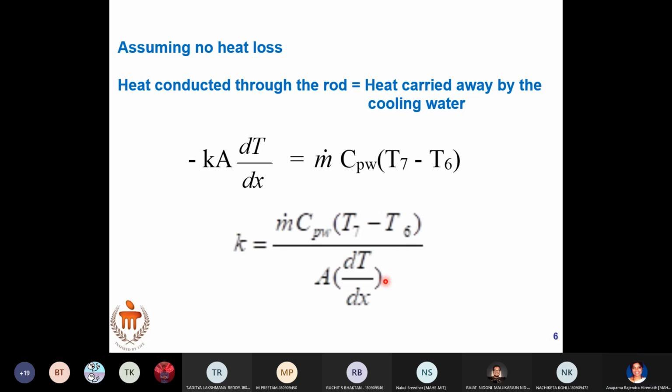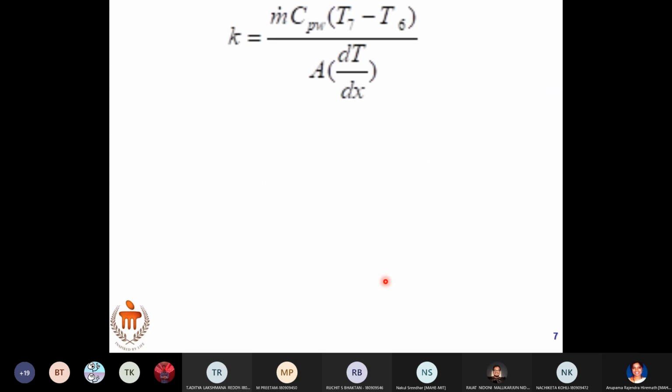It should be high. How much? 200, 210, around that value you have to have your thermal conductivity value for aluminium.